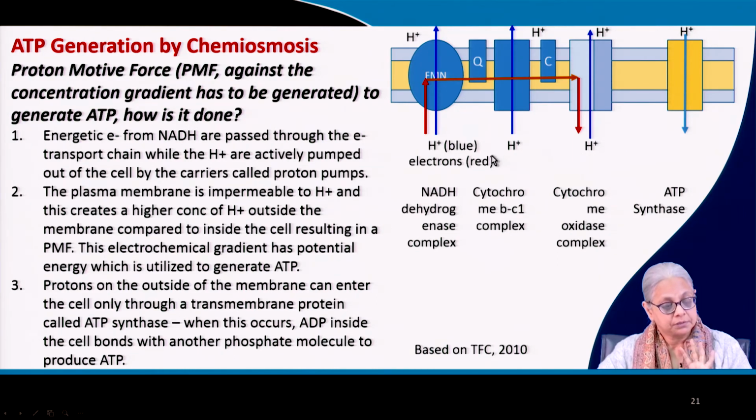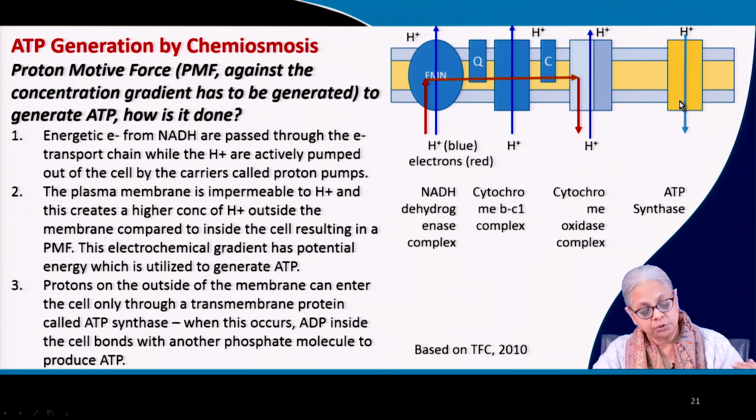And like I said, the plasma membrane is impermeable to protons. It has a higher concentration of protons on the outside, and the protons will enter the cell only through this ATP synthase.